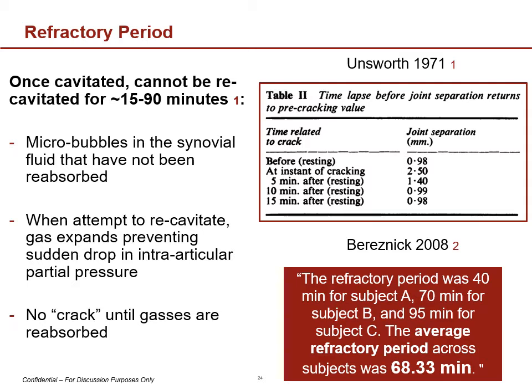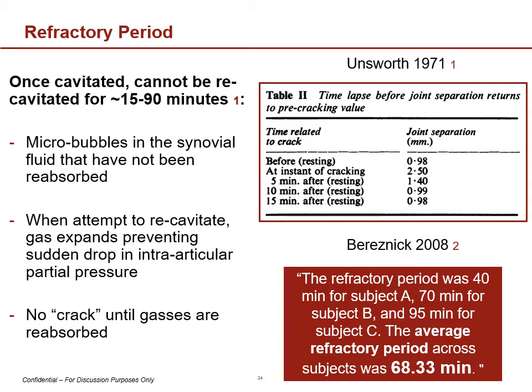Unsworth in 1971 gave more specific time frames. On the left-hand side of Table 2 is time related to the crack, and on the right-hand side is joint separation. Before the crack, or at rest, there was 0.98 millimeters of separation in the joint.